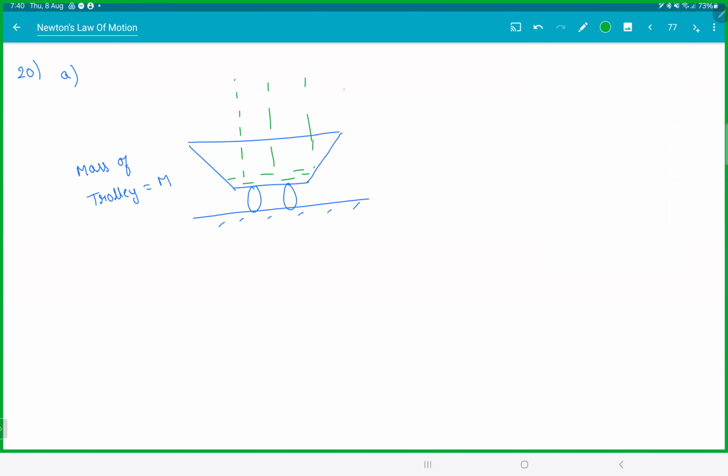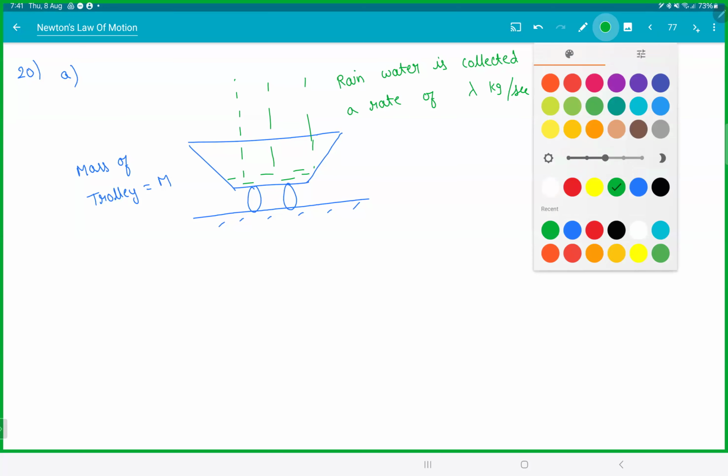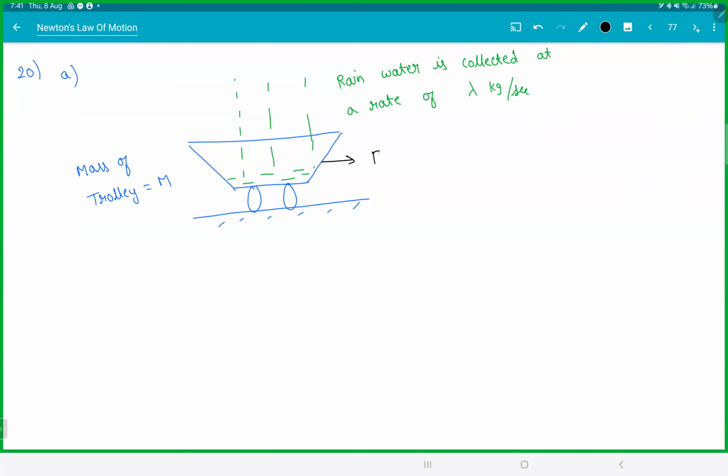The rainwater is collected at a rate of lambda kg per second. Someone is applying a force F equal to F naught, which is a constant force. Initial velocity is 0. So you're starting this trolley from rest. Find the velocity of the trolley at time t.